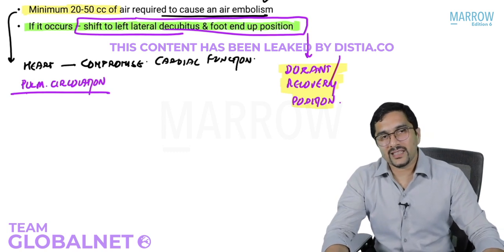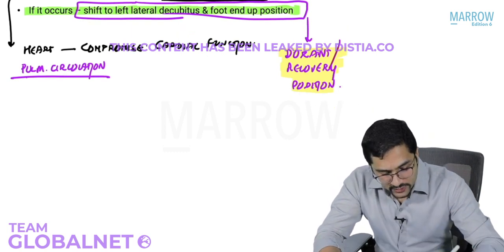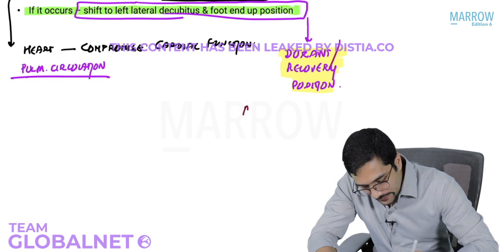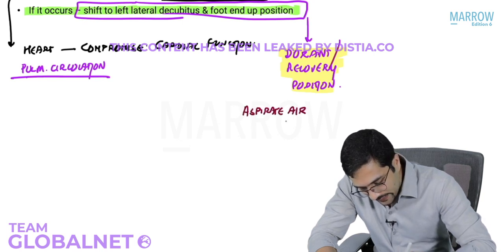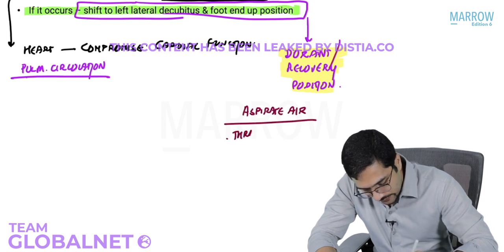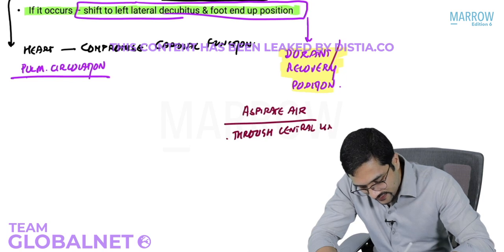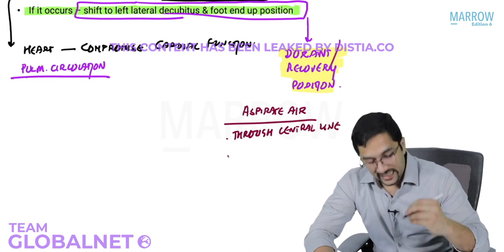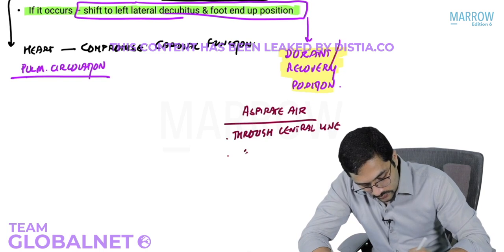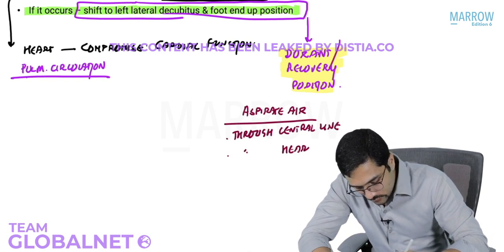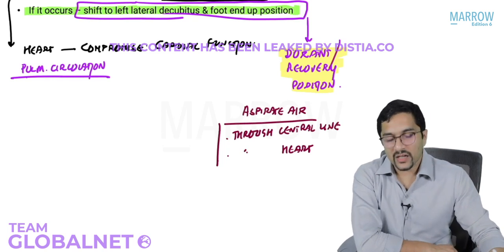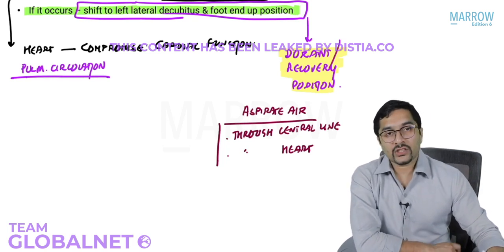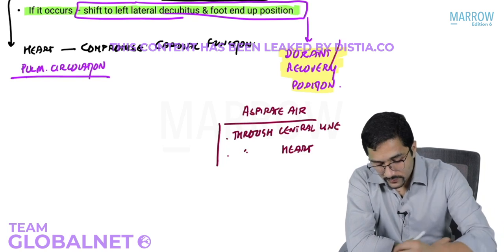So this is the Durant's or the recovery position, and then we can aspirate air through the central line, or we can aspirate air through the heart using a needle. You can go under guidance and directly aspirate air through the heart as well. And that is how we manage a patient with air embolism.